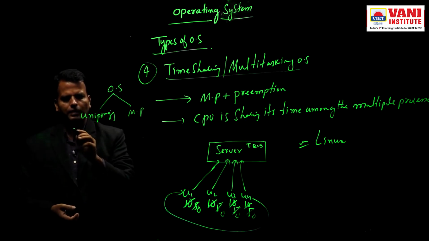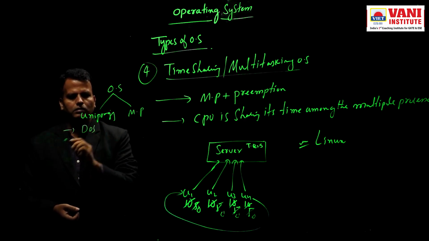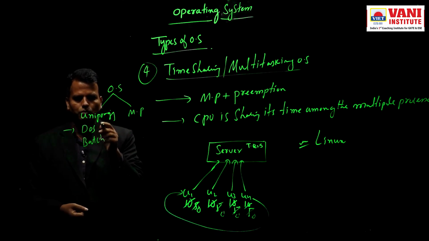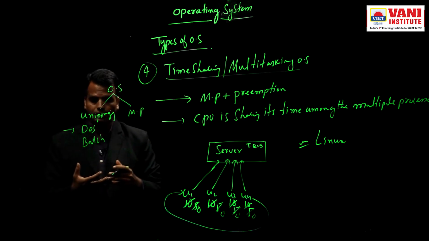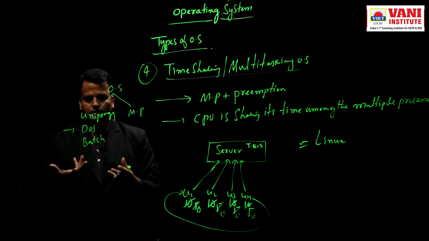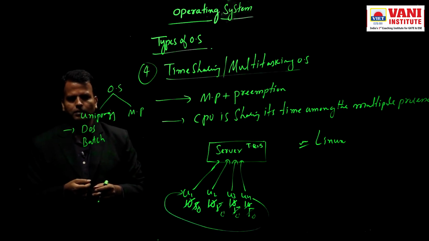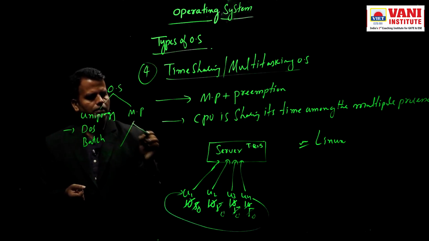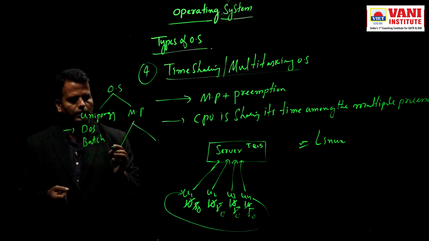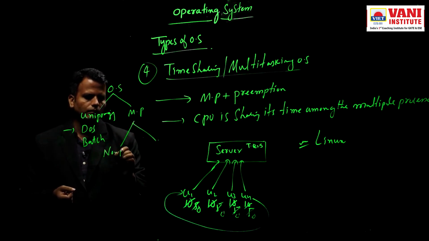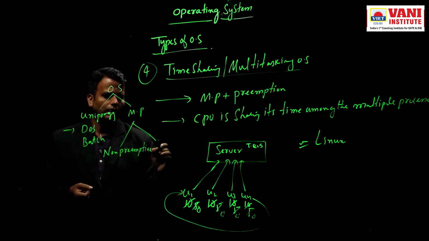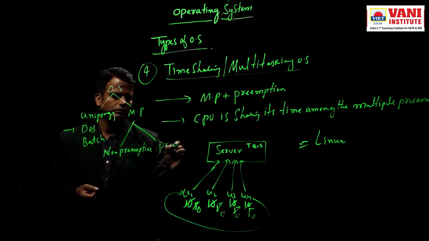An example of UniProgramming is DOS, and also we can say batch operating system, because the performance of these two operating systems, as I have discussed, is the same, the throughput is the same in both. At a time they are satisfying only one request. Multi-programming operating system is classified into two parts. One is non-preemptive, the other one is preemptive.